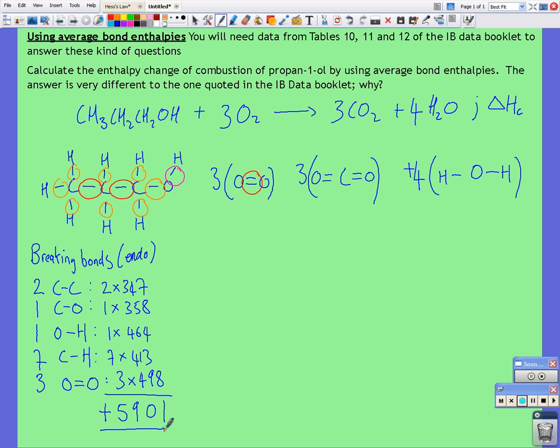Okay, moving on to the products. Now we are making bonds, which, by the way, is exothermic.